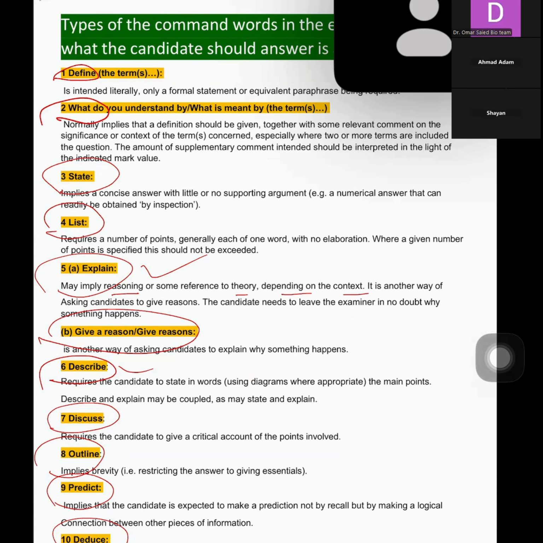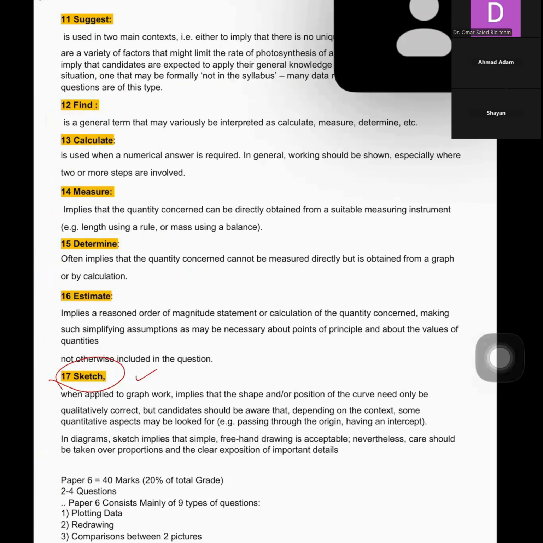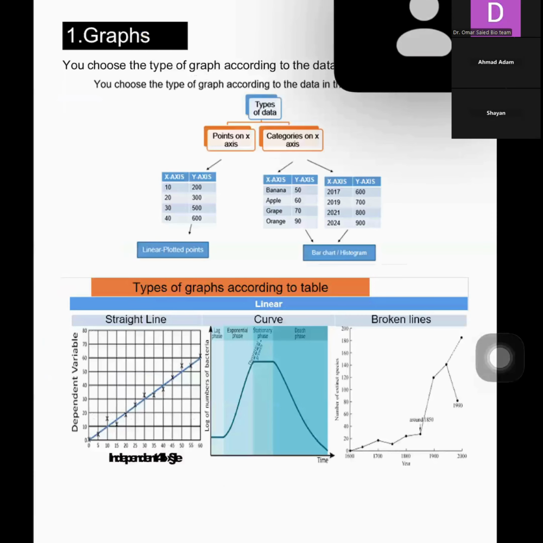When he asks you to describe, you just use the diagrams, the graph, the figure that he has given to you to give your statement. Sketch is the one which is in paper 6, which is drawing. And we will start, inshallah, covering it now.